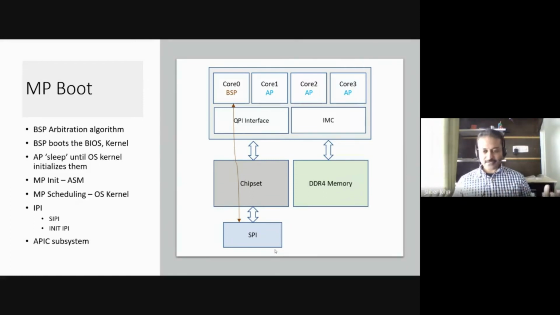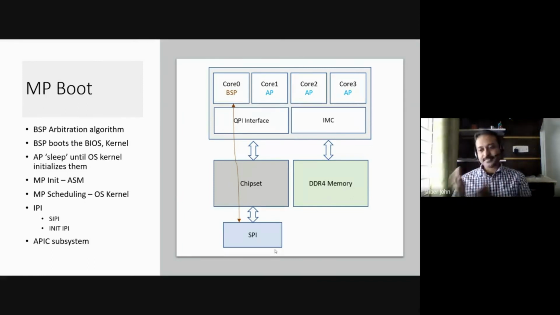So physically, for 4 cores on a system, we can't say this is always the BSP. Sometimes this core will win, sometimes that one. So it's dynamically assigned. Typically, when a multiprocessor system boots, one of them takes control and the others are all put to sleep. It goes through the BIOS, the early initialization and the boot.